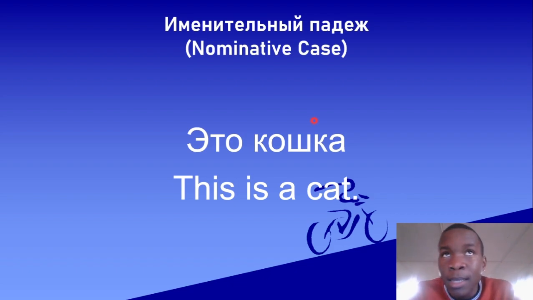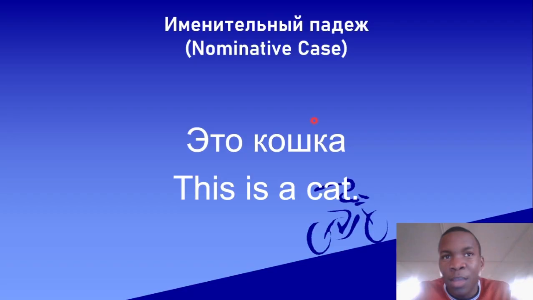How would you spot this? If this is nominative case, first look for the noun, find that object, or the main object, which in this case is going to be our cat.